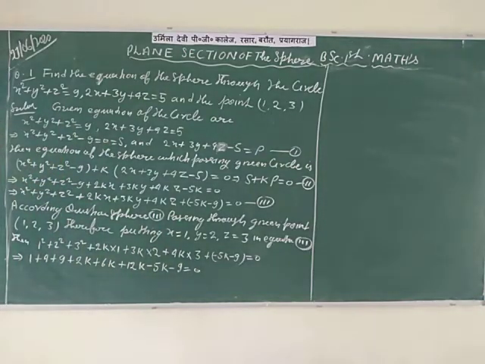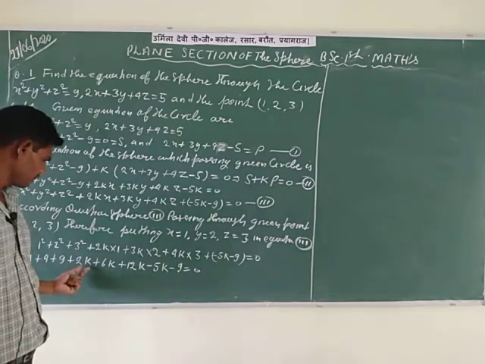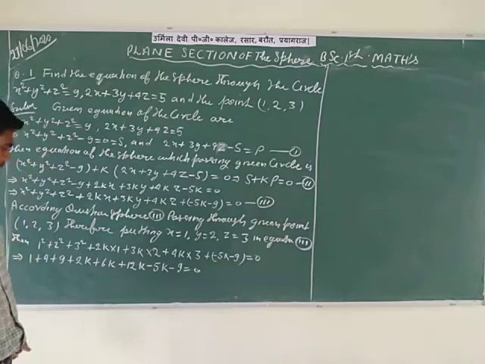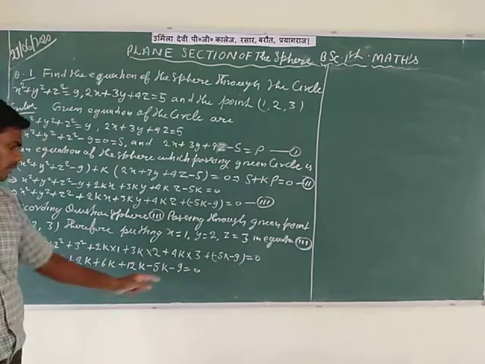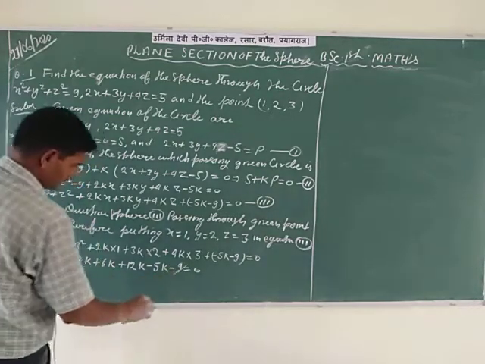Here in the first bracket take all the unknown terms: k, 2k, 6k, 12k minus 5k, and in the second bracket take the numerical values: 1 plus 4 plus 9 minus 9. Here you can cancel plus 9 and minus 9.